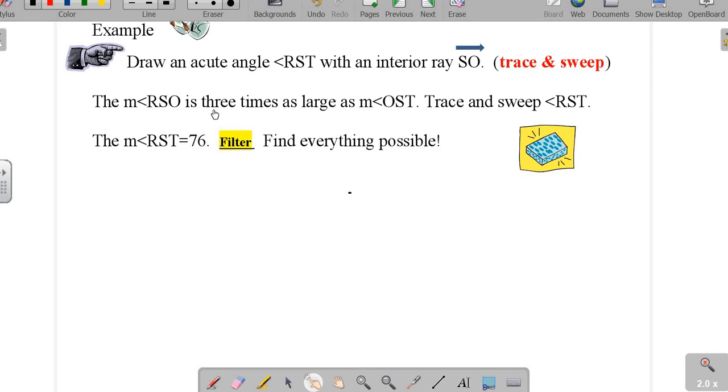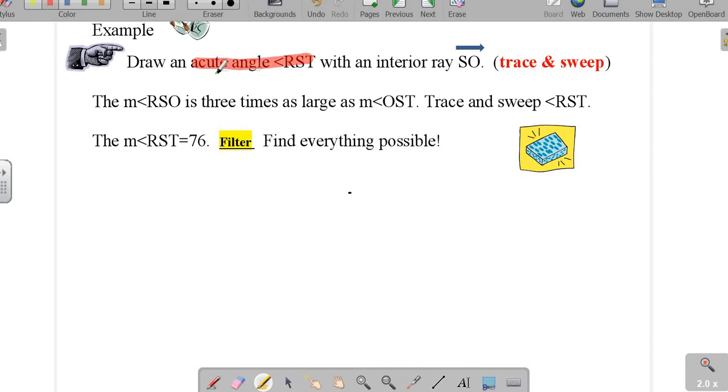Measure of angle RSO is 3 times as big as measure angle OST. Trace and sweep RST. Measure of angle RST is 76. Find everything possible.